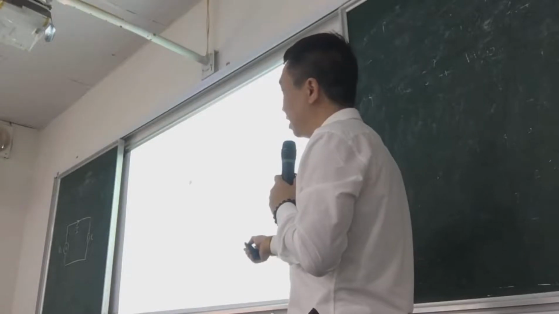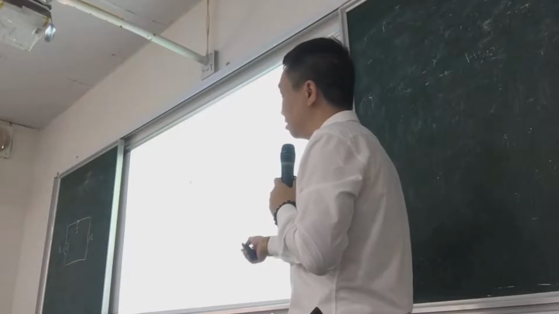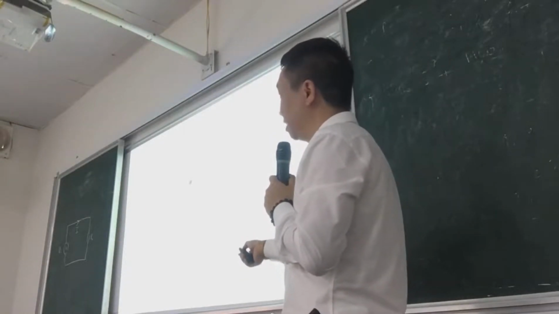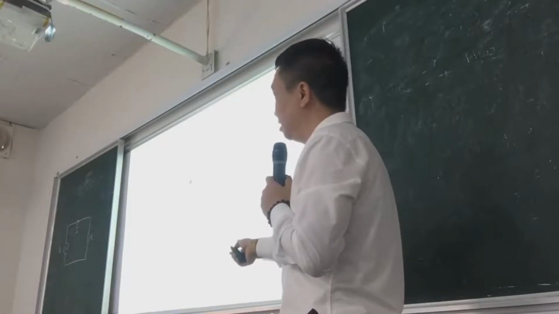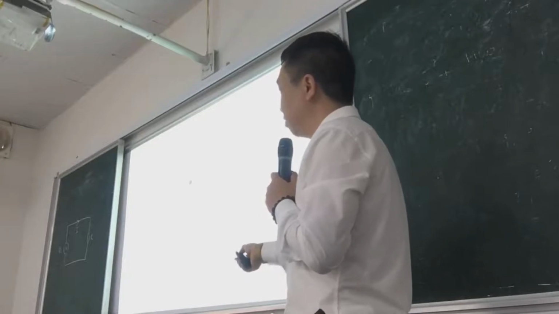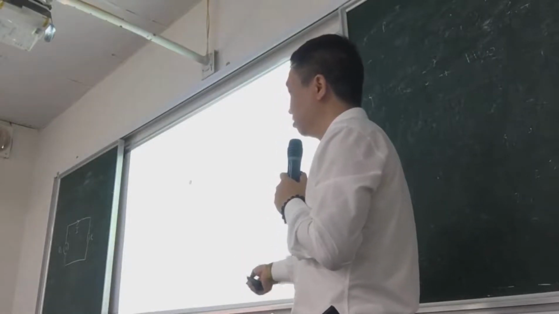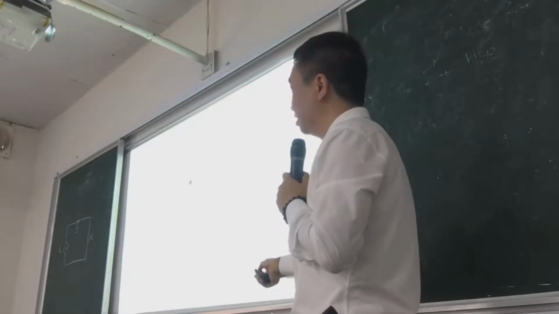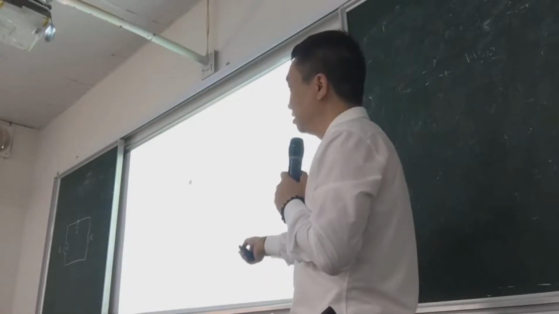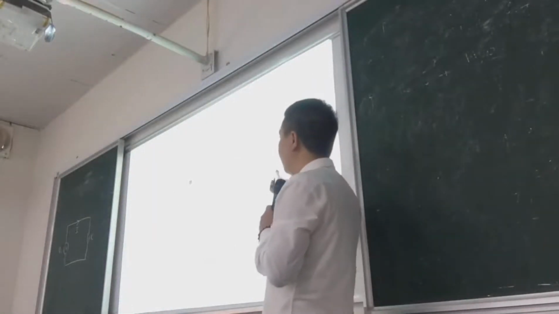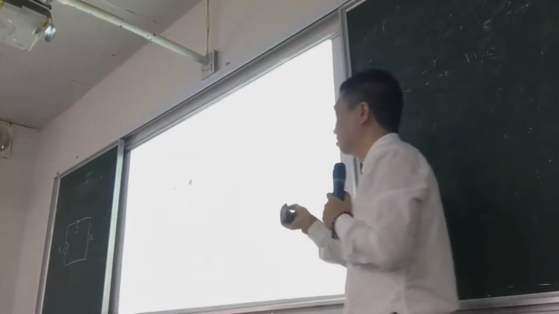Here is the charge Q, and this charge is in the magnetic region, so you have the vector B, and here is the velocity of the charge V. Okay, and then you form the formula to create the force F equals QV cross B. So here is the direction of F, and here is the rule for you to remember.